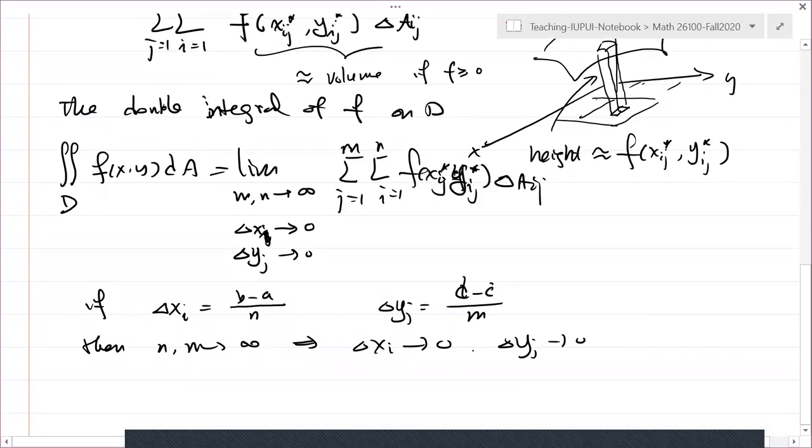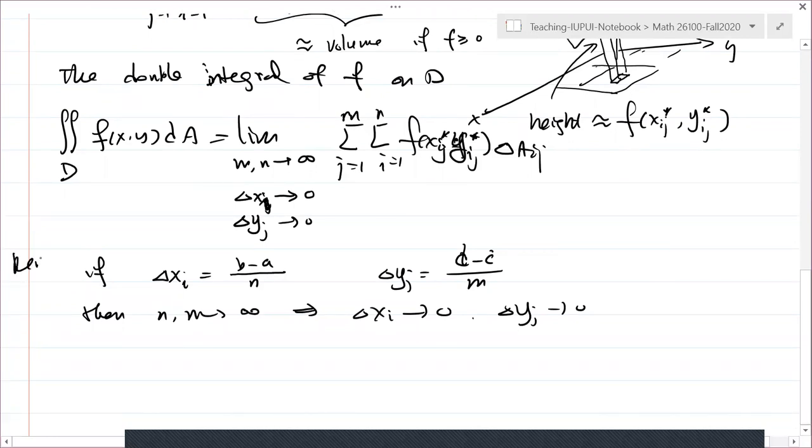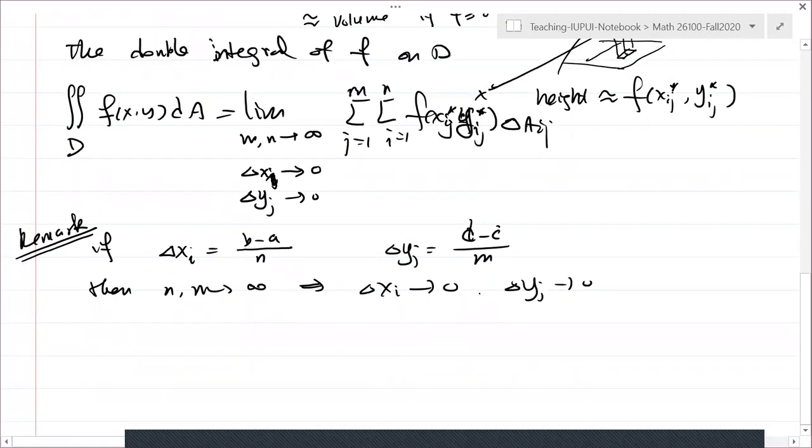Now, why do we call it the Riemann sum? This is a remark. Riemann proved that. He was born in 1826, and probably this is his result in 18, maybe 70 something.